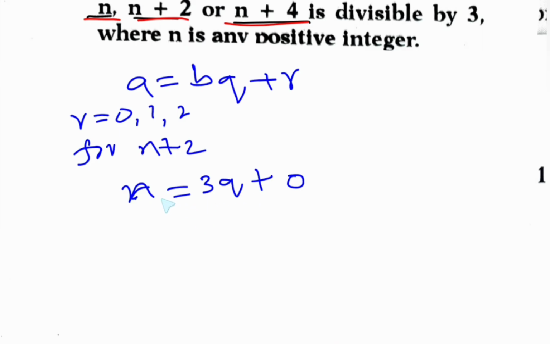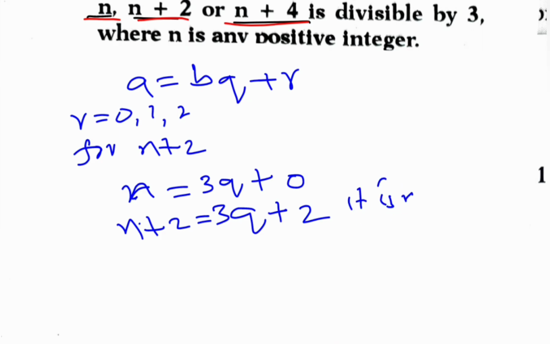Then n plus 2 is equal to 3q plus 2. It is not divisible by 3. So for n plus 2, the next value is r equal to 1.